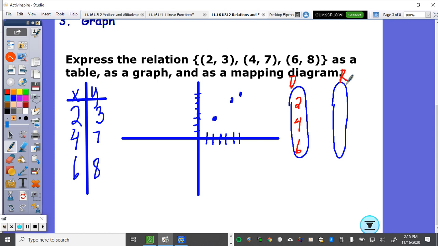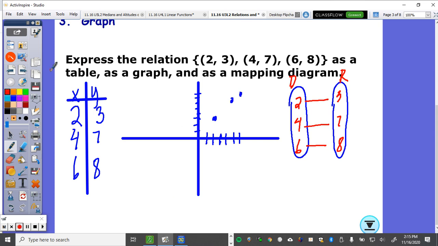My range is 3, 7, and 8. So this 2 maps to that 3. This 4 maps to that 7. This 6 maps to that 8. And that's a pretty easy way of being able to look at this in a pretty easy situation.